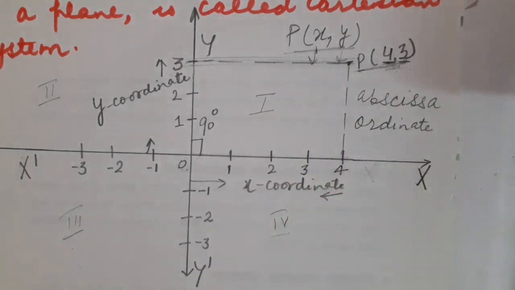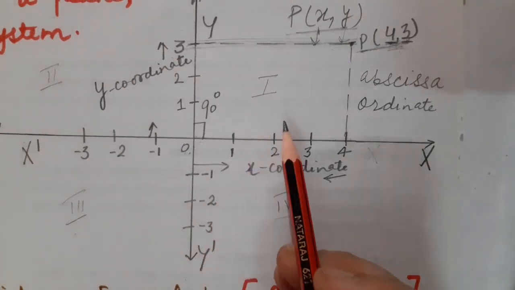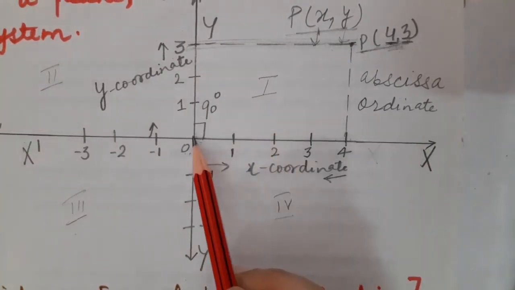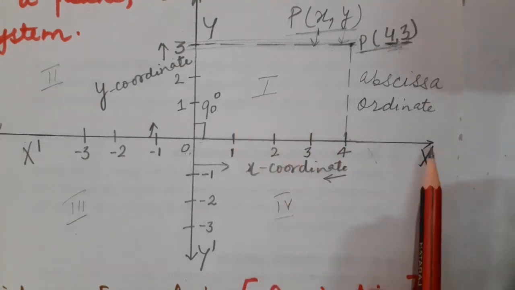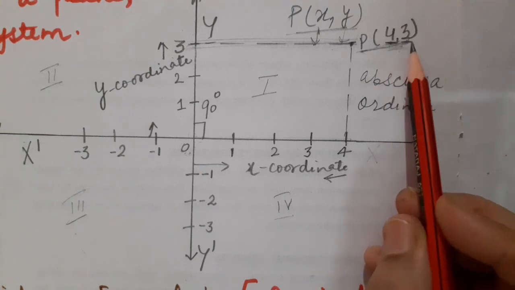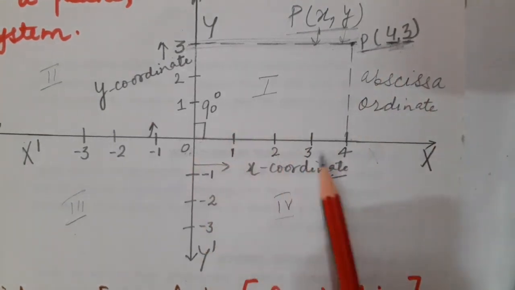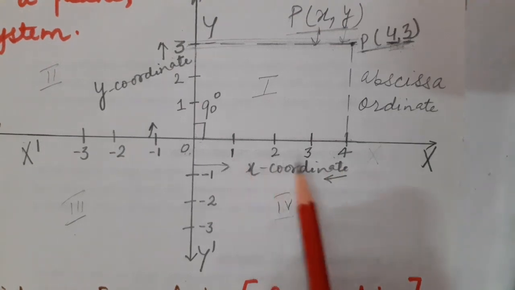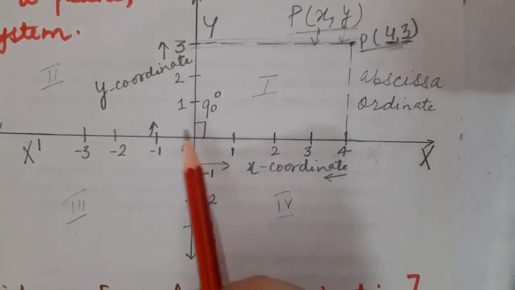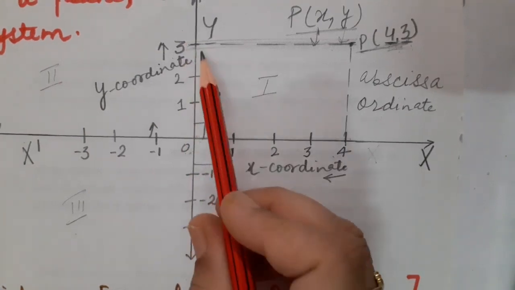Fine, students? On the basis of the quadrant system, children, always keep in mind that in the first quadrant, whose name is XOY, abscissa and ordinate both will be positive. Here you can see 1, 2, 3, 4 are the points which I have plotted on the x-axis, and here also on the vertical line, that is the y-axis, 1, 2, 3 and so on.